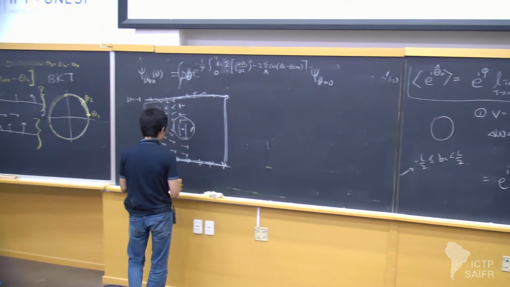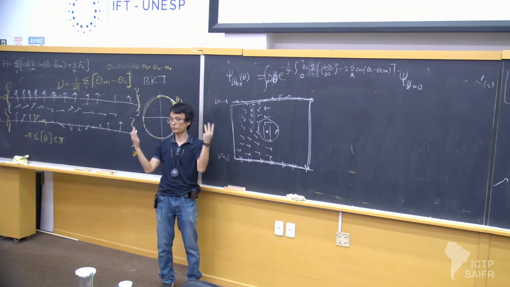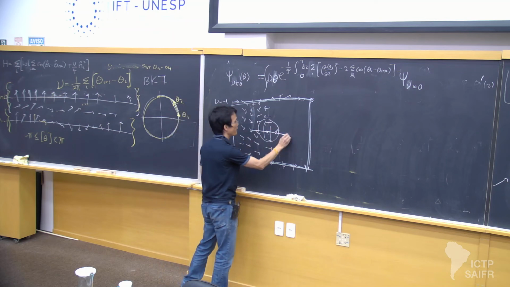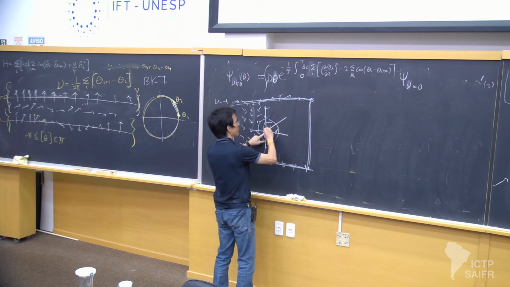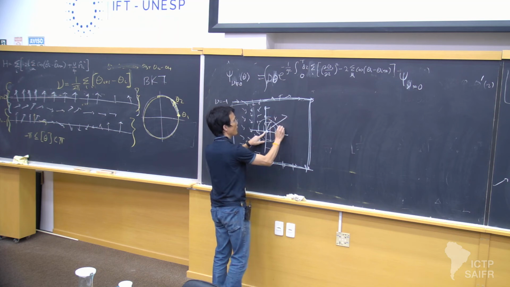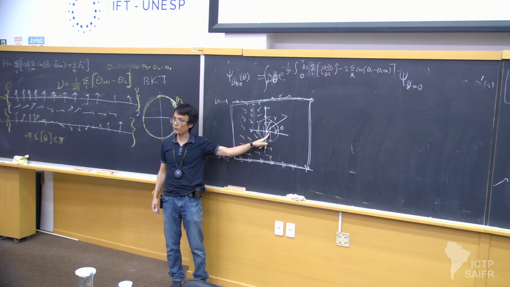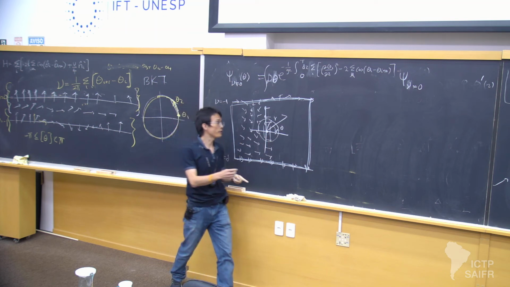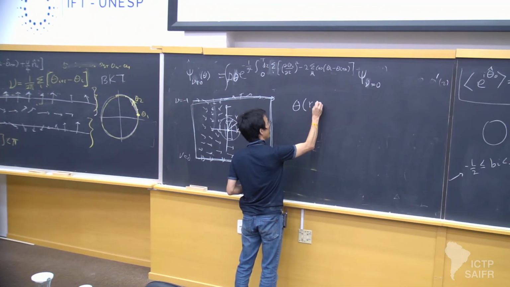One way to do it is you choose the center of the vortex to be the origin of your coordinates, and then you can introduce some polar coordinates to compute the action for this instanton. The instanton configuration is just theta as a function of r and phi.